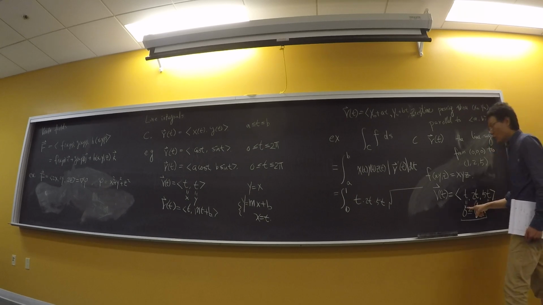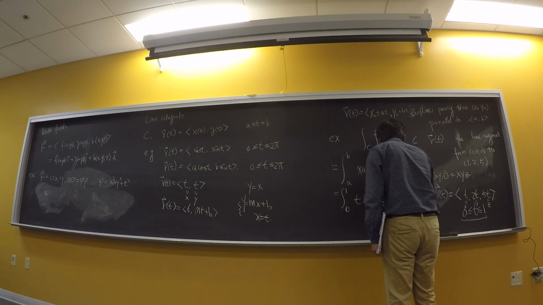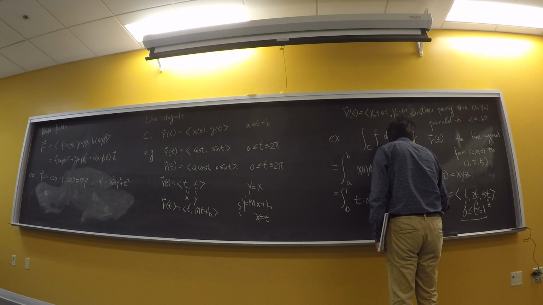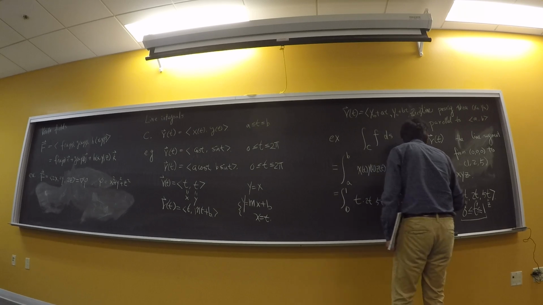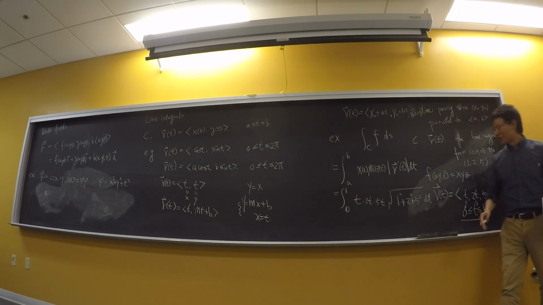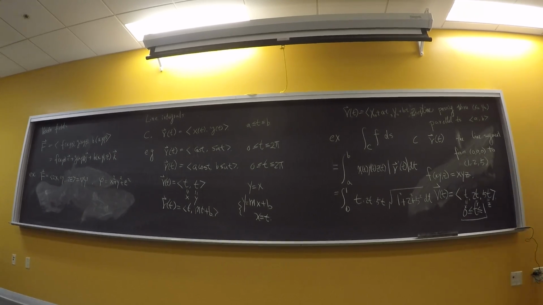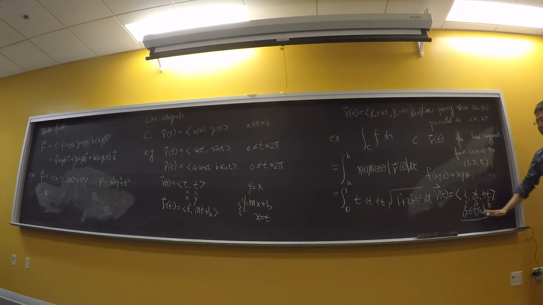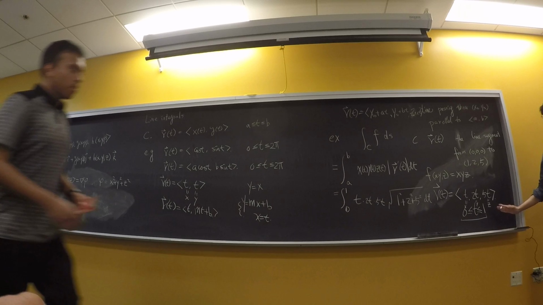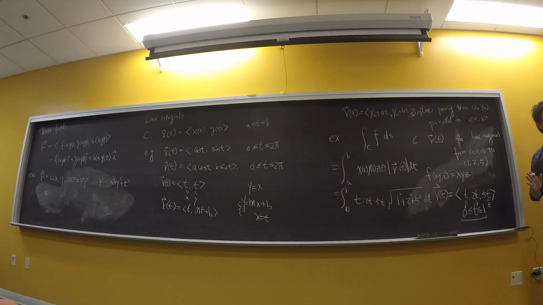So it is 1 squared plus 2 squared plus 5 squared, then dt. So as long as you can find the parametric equation with the formulas as well as the initial time and terminal time, the integral itself is a single variable integral with respect to the parameter.